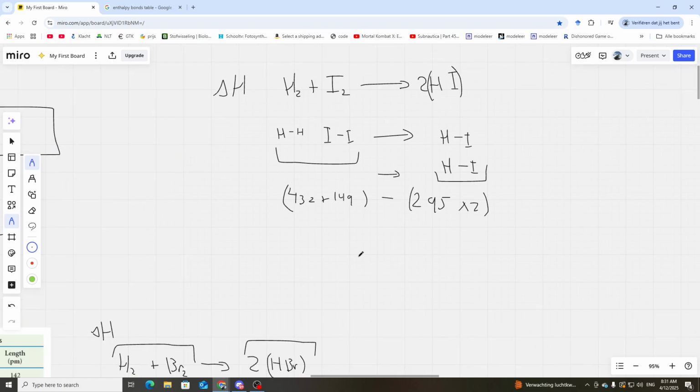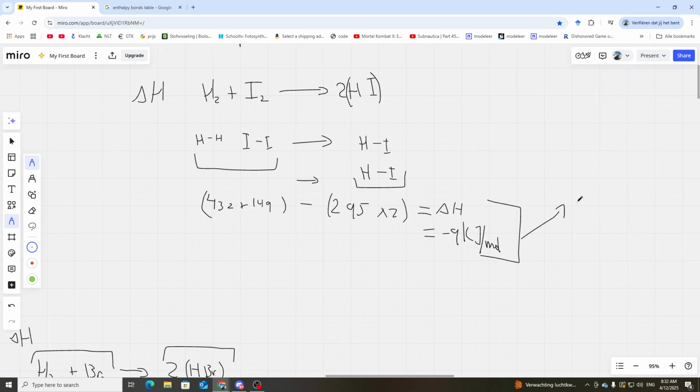Then if we put that in my calculator, that means this is going to be equal to, of course, delta H. And my answer, I think, correct me if I'm wrong, is minus 9 kilojoules per mole. So is this endo or exothermic? This is exo because delta enthalpy is negative.